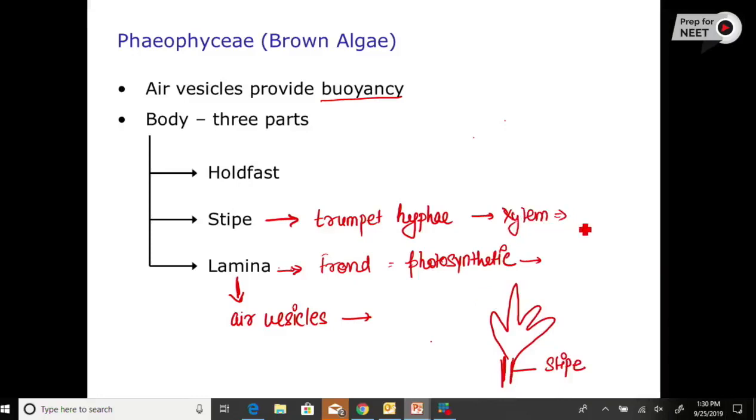Since the xylem and phloem, or the vascular bundle, are absent in this particular alga, trumpet hyphae help to disseminate water from one place to another. The base of the brown alga is known as the holdfast, which helps to hold the alga. Right.